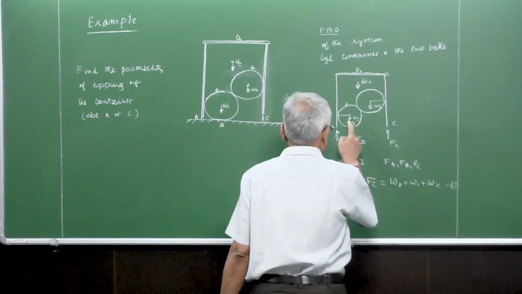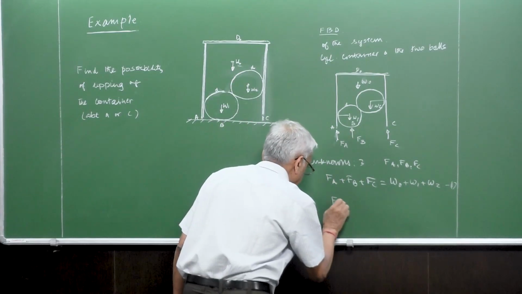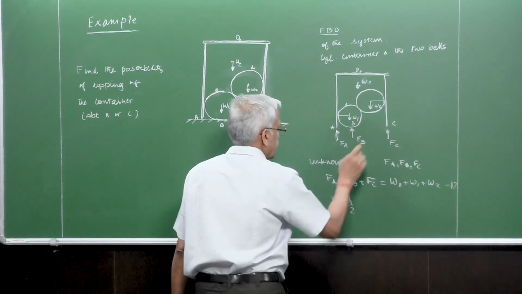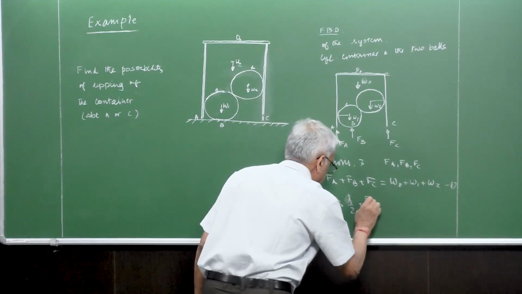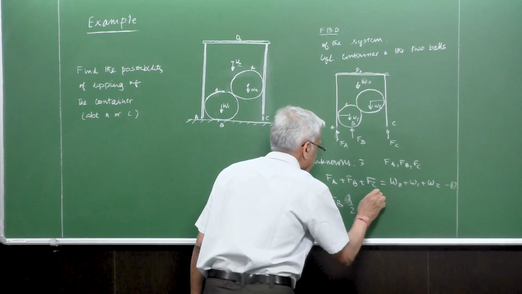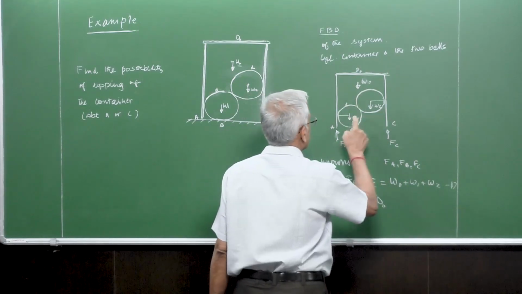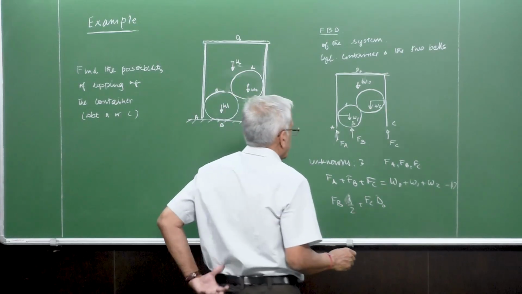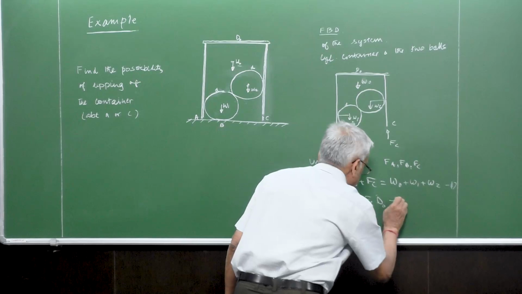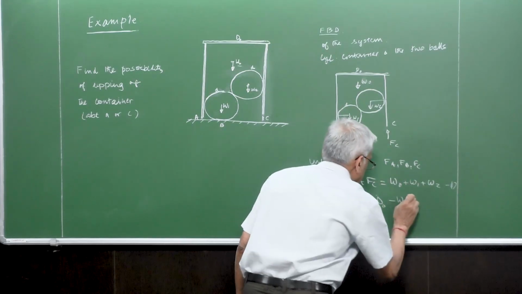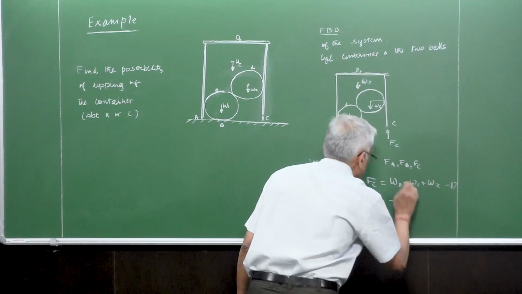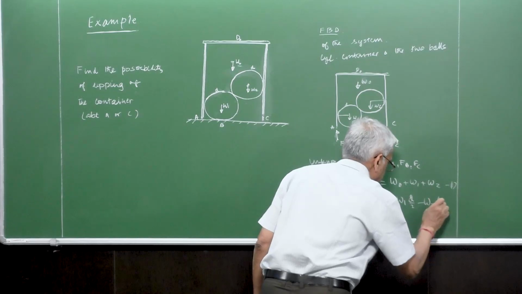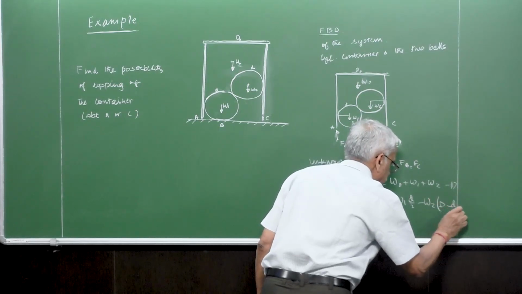So it is FB times D by 2, and FC times D naught, and then we also have the other things like W1 times D by 2, and then W2 times D minus D by 2.